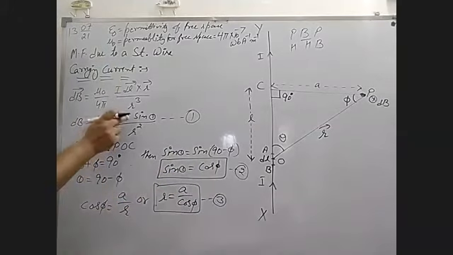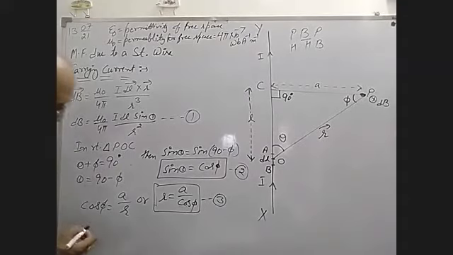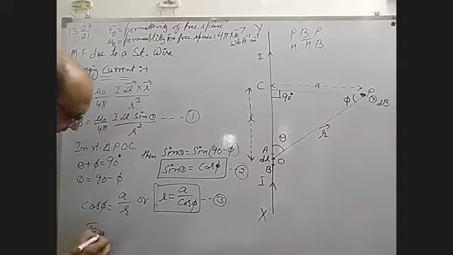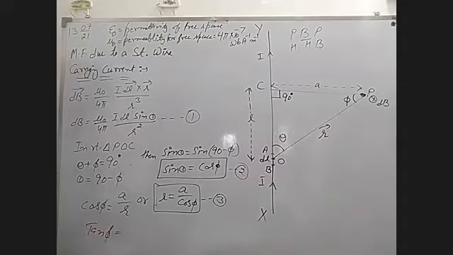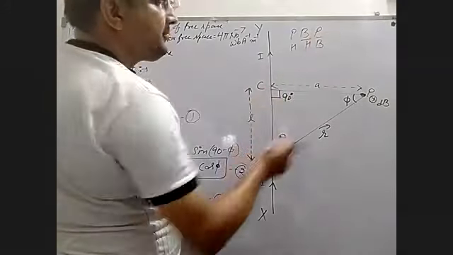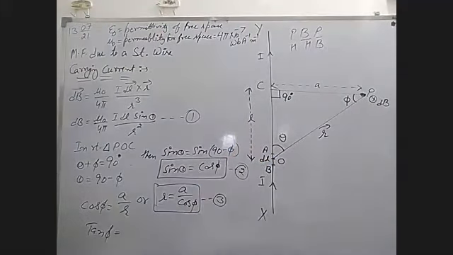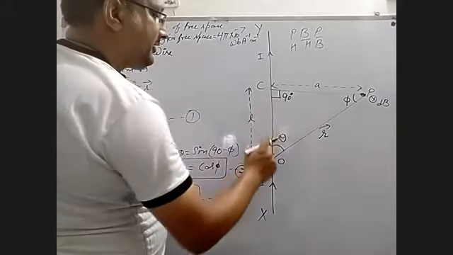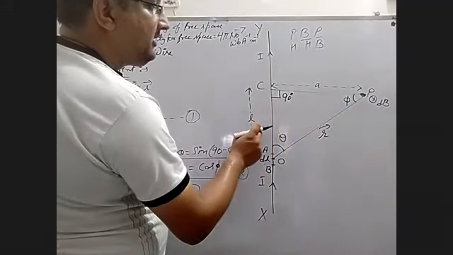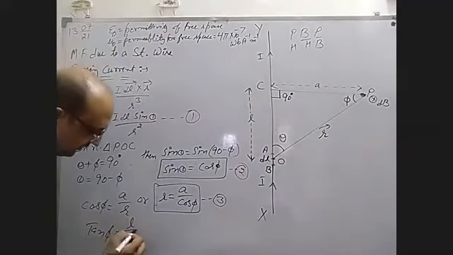Now the term left is dl. How can you take the value of dl? The third step: from this right angle triangle, determine tan phi. Tan phi is perpendicular upon base, so L upon a.